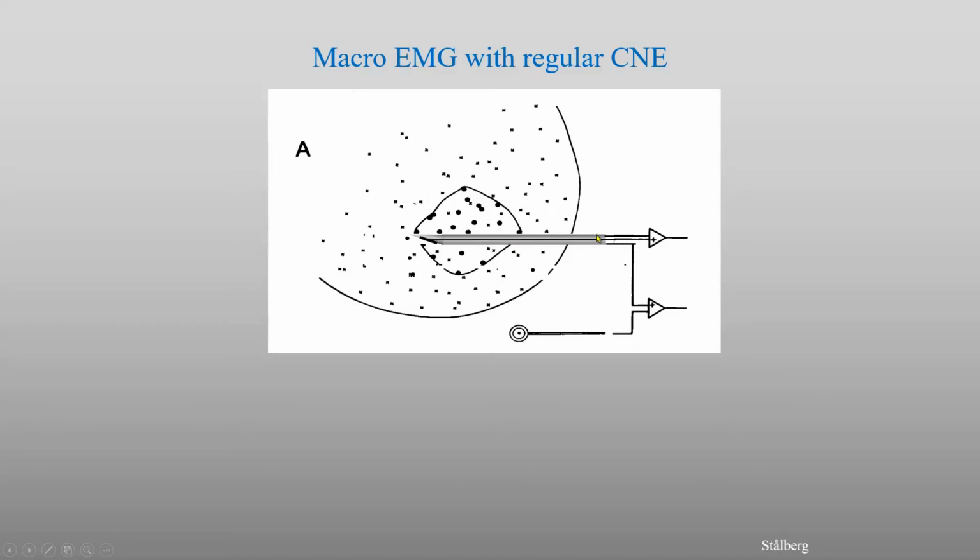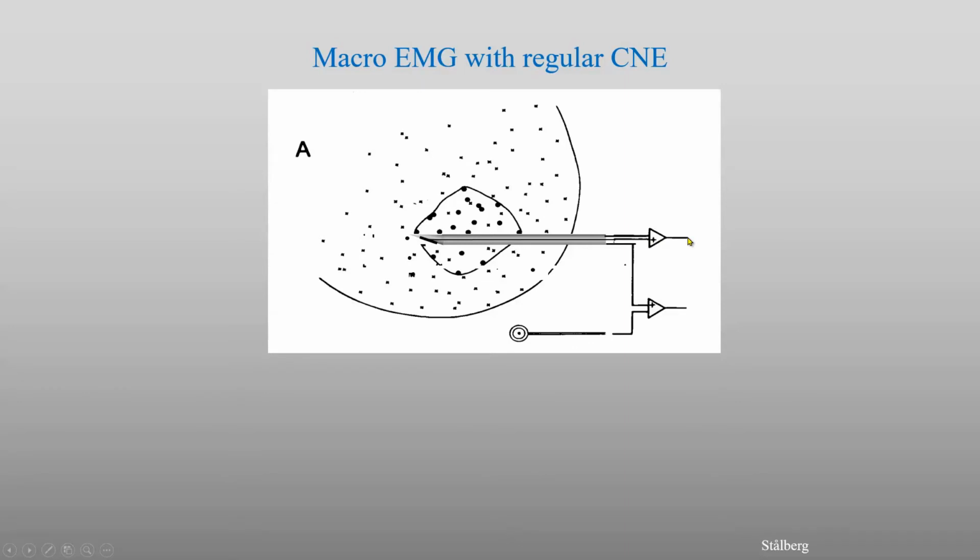And the same electrical coupling between the shaft and the central lead, that is the ordinary concentric electrode recording, and between the cannula and a separate surface electrode, then we get the macro signal here and the concentric signal here.